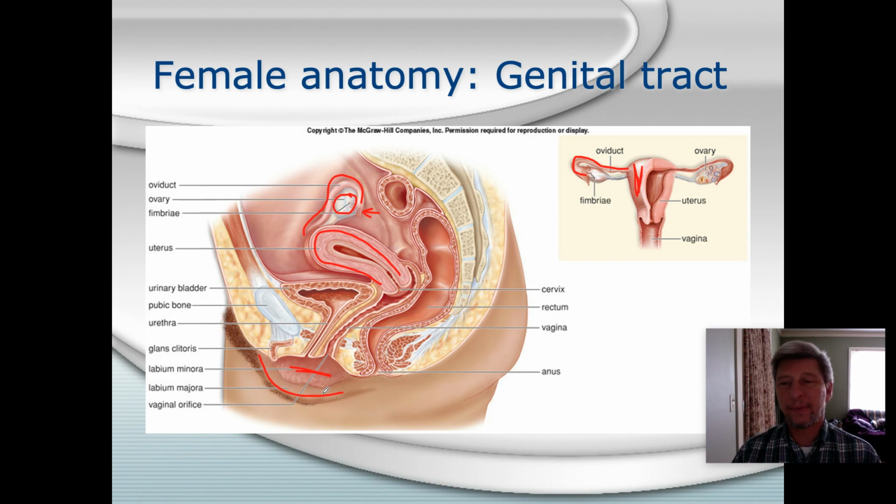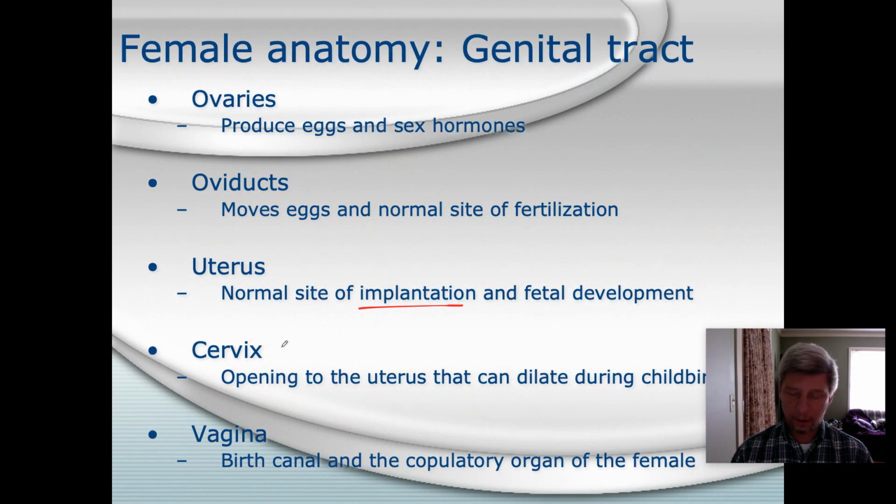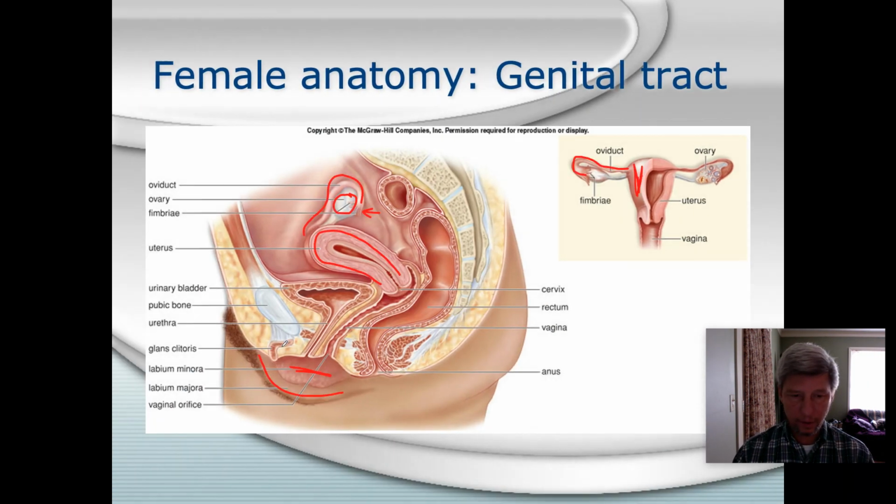And these are simply folds of connective tissue that essentially cover the openings to both the vagina and the urinary gland. The glans clitoris is located here, and that is the stimulatory organ, if you will, of the female, very closely related to the glans penis in a male.